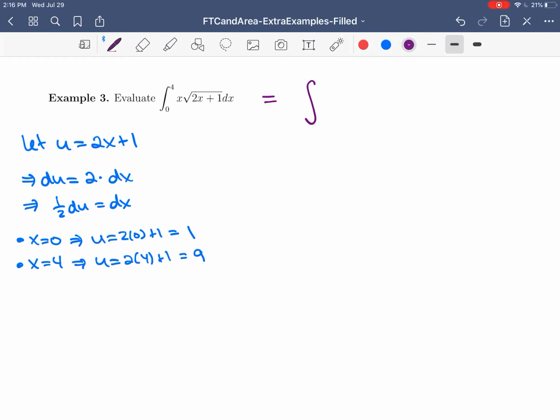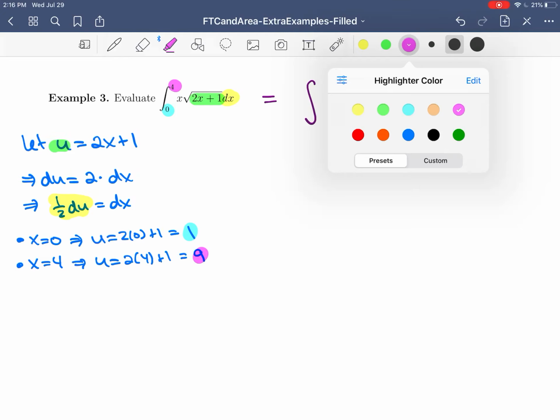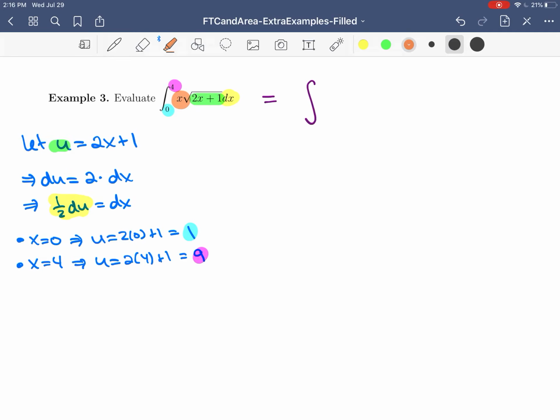The 0 becomes a 1. The 4 is going to go to a 9. We know that this part in here is my u. The dx is 1/2 du. But what about this part? I still have an x left over that I don't really know what to do with. That's where this equation can come in as well.